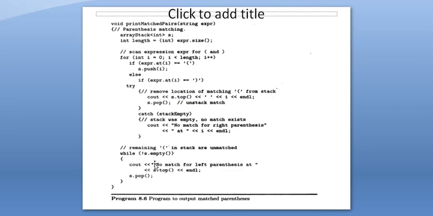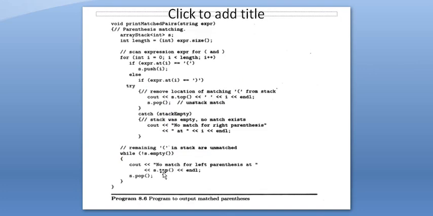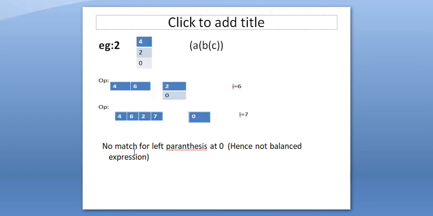So when the string is empty, you display the message no match for left parenthesis. Grab the top element, which right now is 0, and display the message no match for left parenthesis at 0.